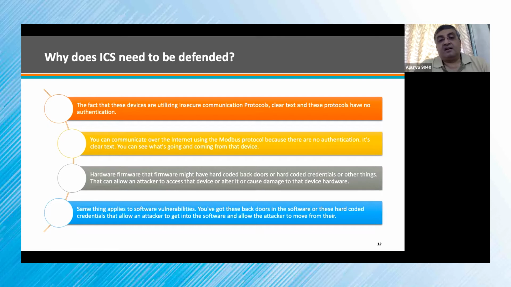Hardware and firmware: when SCADA systems started early, they used to come with embedded cards, either Windows CE in olden days, then Windows XP, then Windows 7.